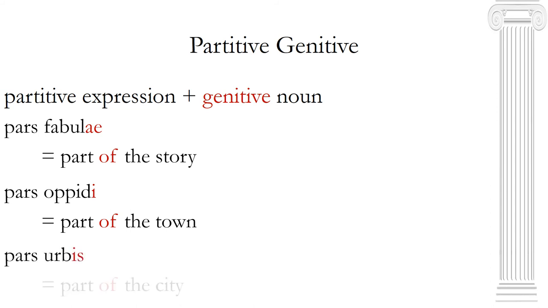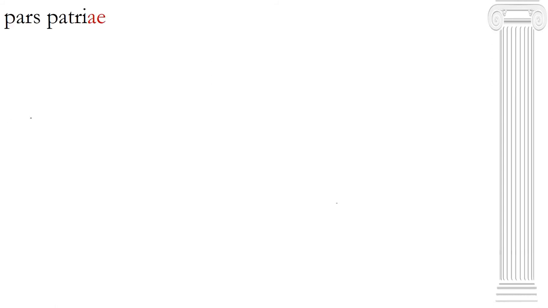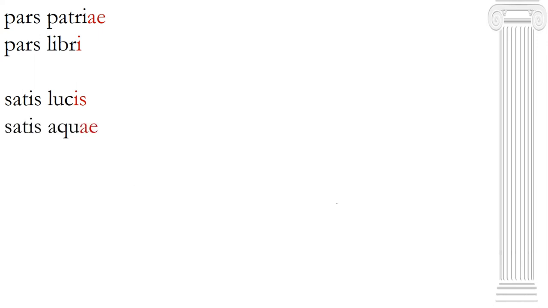Pars urbis is part of the city. Pars patriae, pars libri, okay, part of the country, part of the book. Satis lucis, a sufficient amount of light. There's that genitive again. Satis aquae, enough water or a sufficient amount of water.